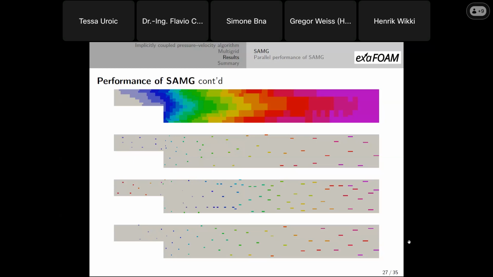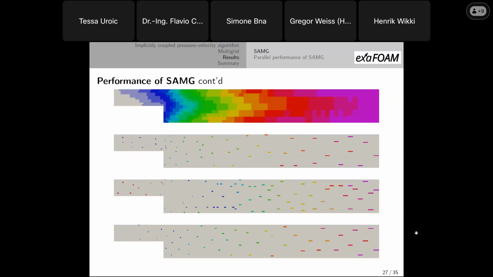And you can see how the clusters are formed. The colors also denote the order in which the clusters were formed. And on the bottom images, we have different settings of SAMG, which cause different coarsening patterns. So these are the coarsening patterns obtained by SAMG.